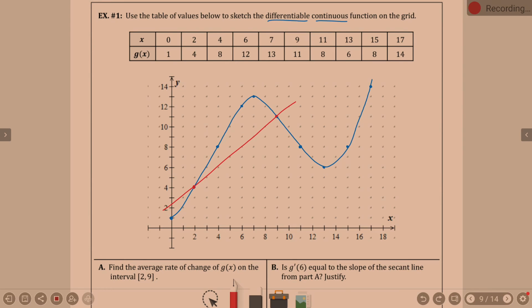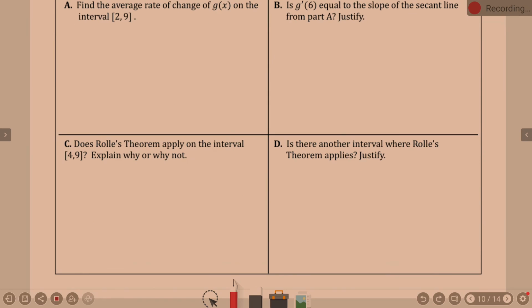So we're going to be using the point 2, which is (2, 4), and we're going to be using the point 9, which is (9, 11), right? So I'm going to go over to my part A area, and I'm going to try and find my average rate of change.